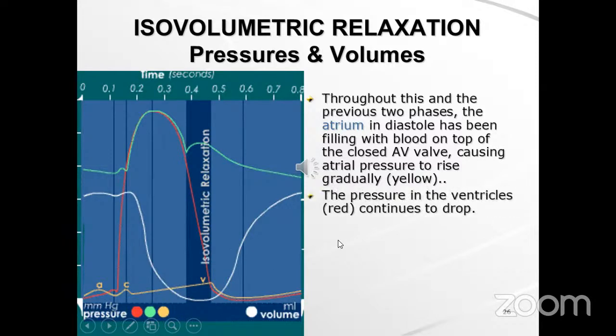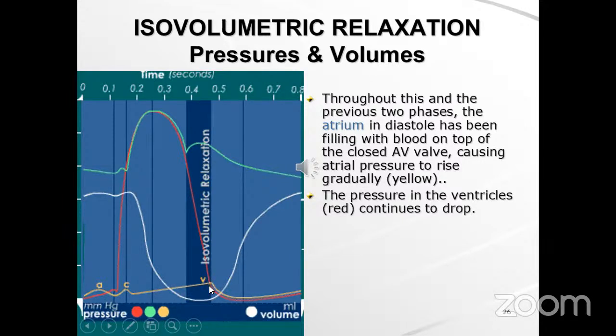So, what will happen is the pressure in the ventricle starts to drop, but the pressure in the atrium starts to increase. See the red line, the pressure in the ventricle starts to decrease, but the pressure in the atrium starts to increase.